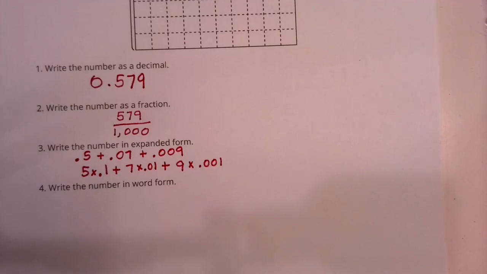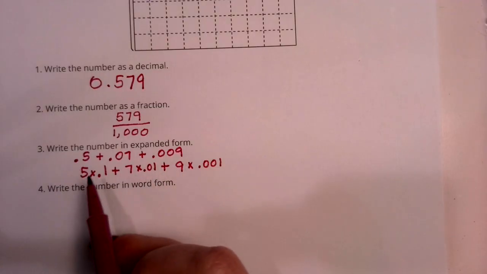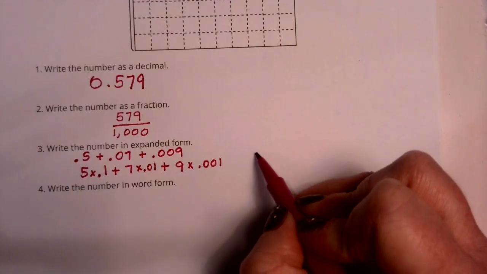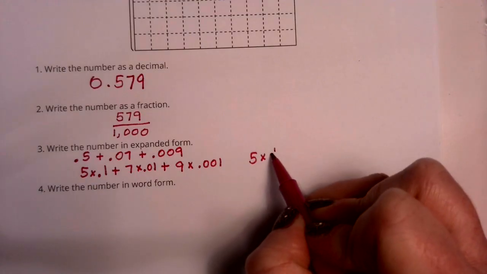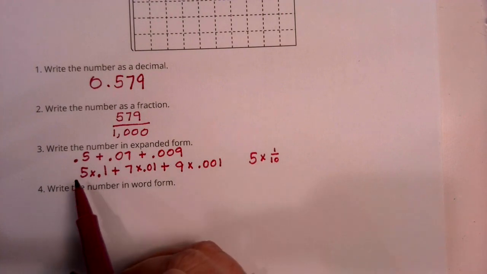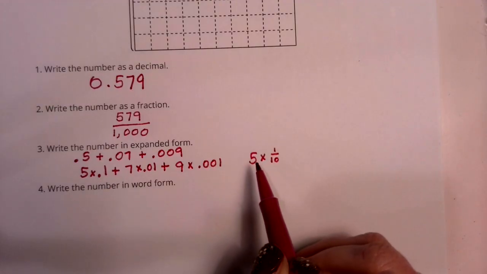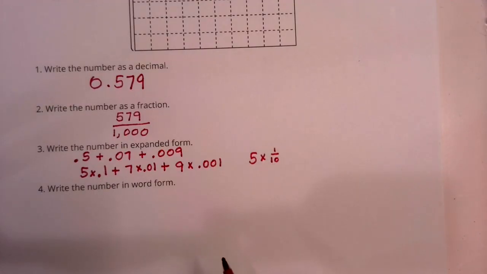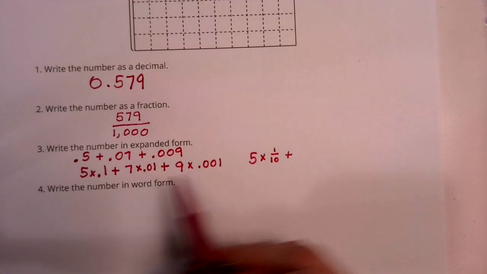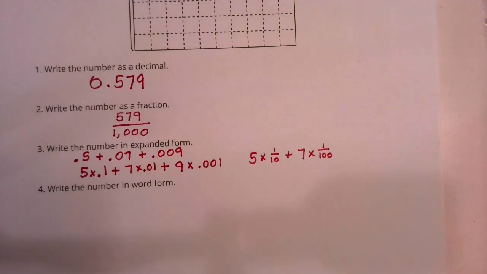Now, to be clear, with this expanded form with multiplication, I have written the digit times its value expressed as a decimal. But I do want us to remember mathematicians see multiple ways that we can write, and we also want to understand this if we see this in different forms. This term, 5 times 0.1, can also be written as 5 times 1/10. This part of my term, 7 times 0.01, could also be written as 7 times 1/100.